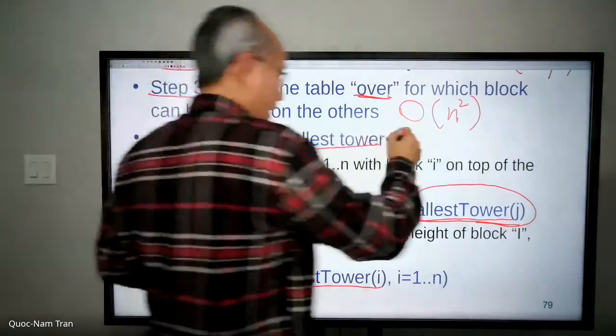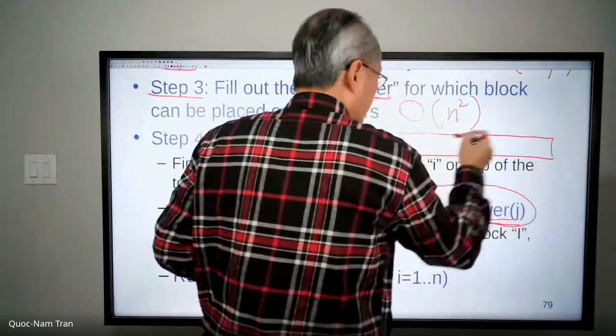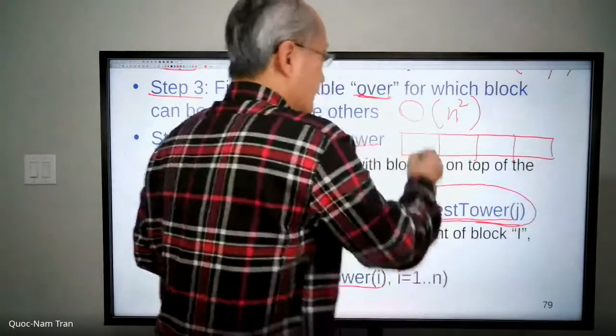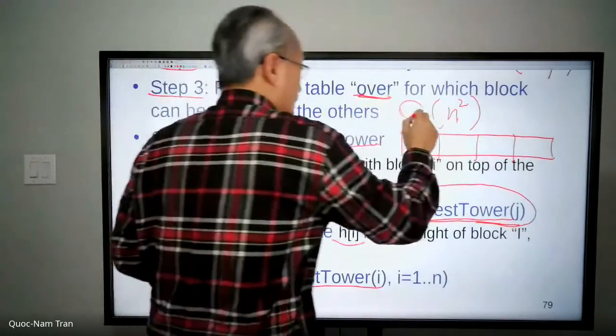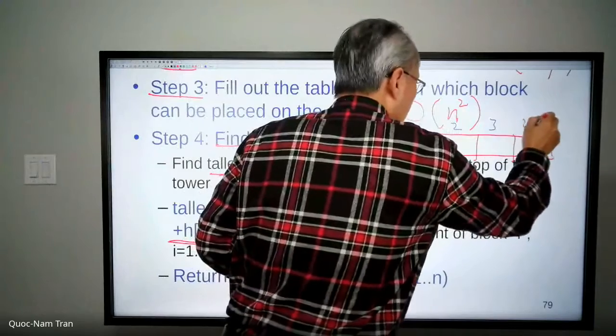So here we have n blocks, and here is 1, 2, 3, 4, right?